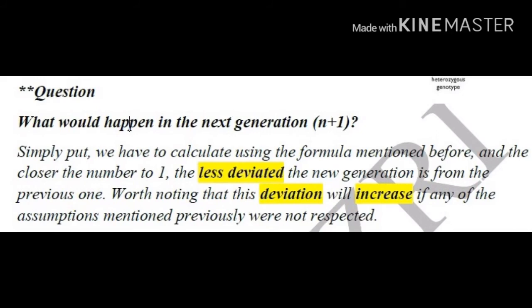This allows us to know that there is a level of respect for the Hardy-Weinberg Law in this population. That means there are no mutations, the population size is large, no natural selection, etc.